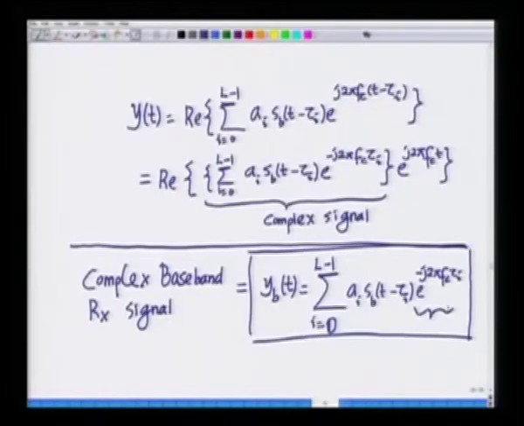There is the attenuation factor A_i, the delay factor tau_i corresponding to the baseband signal, and also there is a complex phase factor e^(minus j 2 pi f_c tau_i).